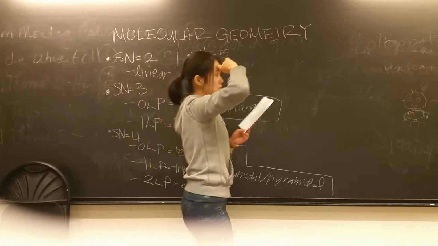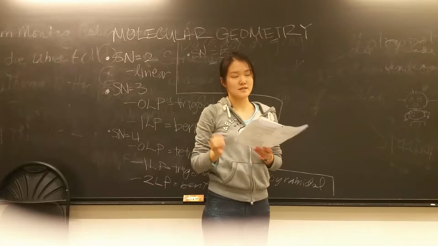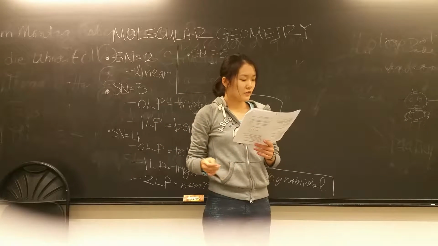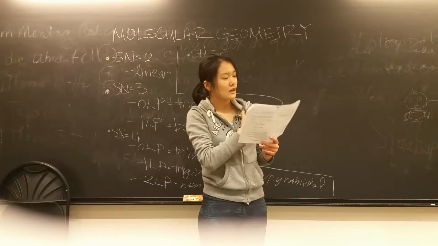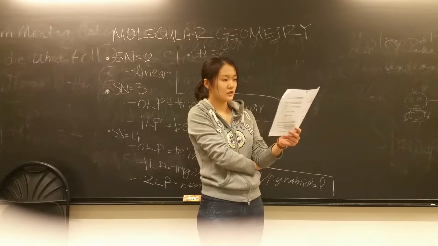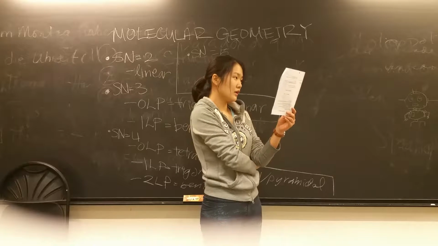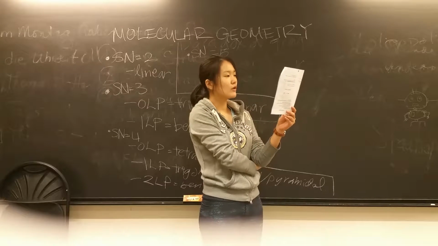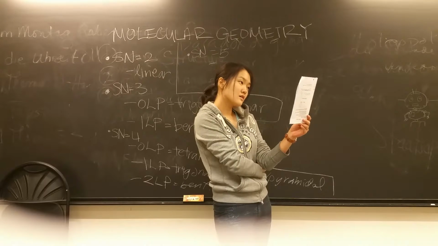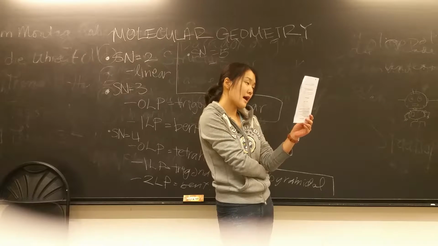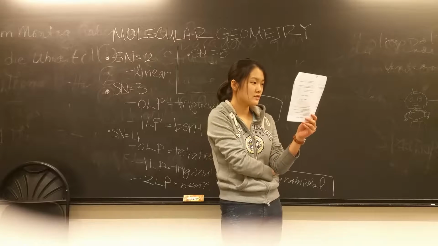So steric number 5, I'm just going to read this out and make sure that it makes sense. Steric number 5, trigonal bipyramidal electron pairs. There are 2 axial positions and 3 equatorial. Each axial has 1 repulsion at 180 degrees and 3 repulsions at 90 degrees.